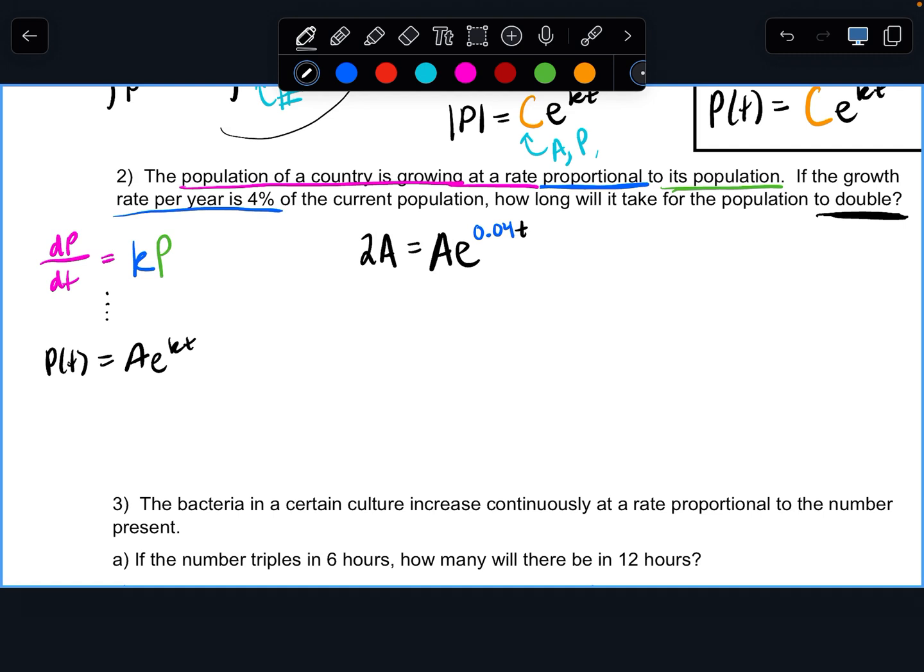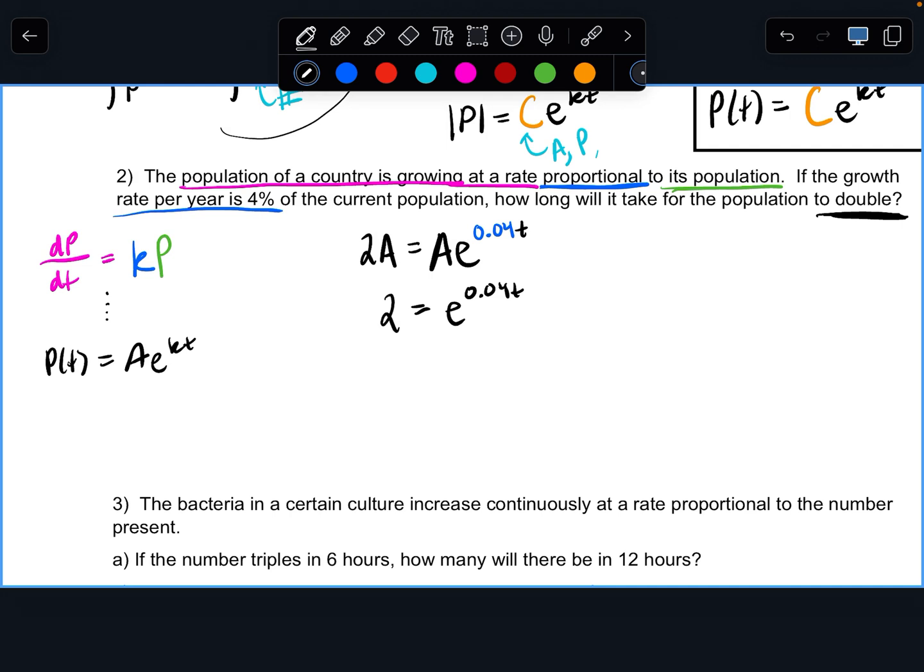And then now you're just doing your algebra. Well, actually, it's more algebra 2 stuff. So what I would do first is divide out the A's. Because you could just write that as 2. And then you can solve for T. And I've seen this vary. This has been on calculator and no calculator.